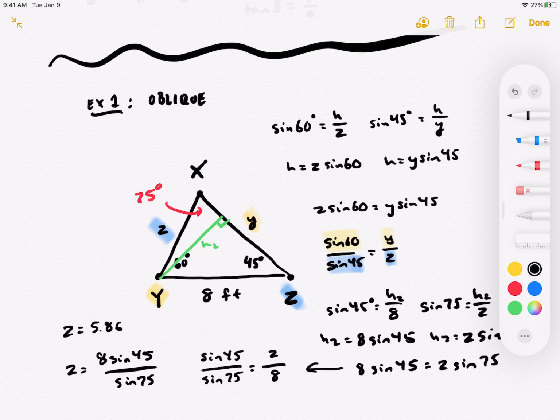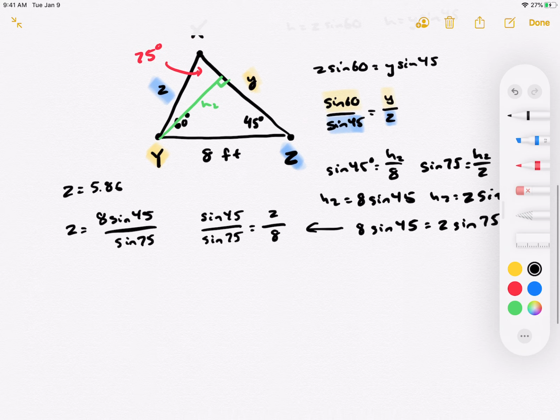So person X right here came a little bit too close to you. That's no good. But the bigger point is that we actually figured out some new information that we can use now in a very efficient way to solve oblique triangles. So let's talk about a proof of that so we can see how to make it more efficient.